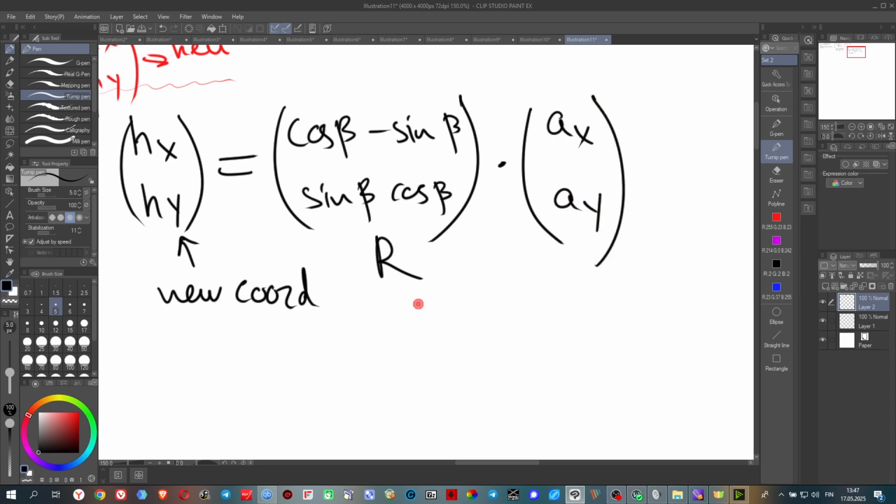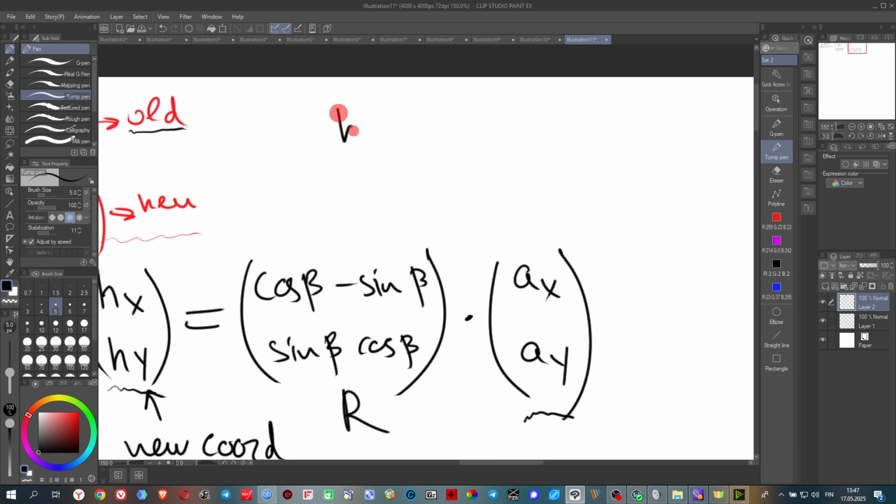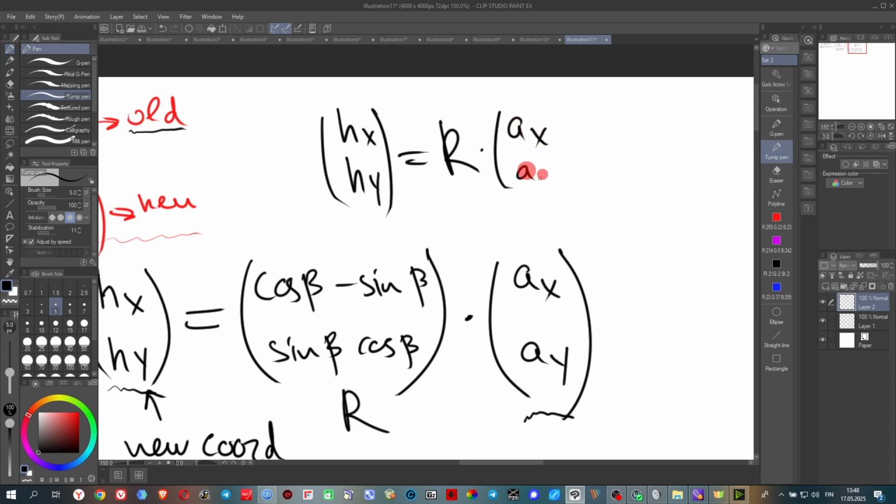This is it. It is a common thing in linear algebra that you have an old vector, you make some transformation, and to get the new vector you multiply the coordinates by a matrix, in this case matrix R. We can write it quickly like this: the column hx hy equals R times the column ax ay. This is the rotation matrix R.